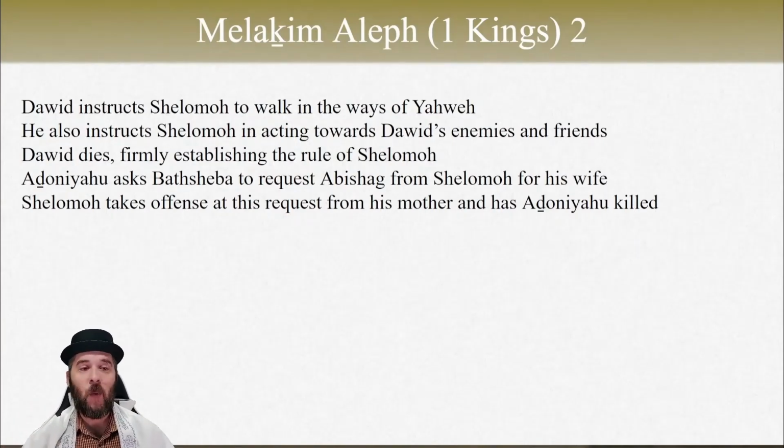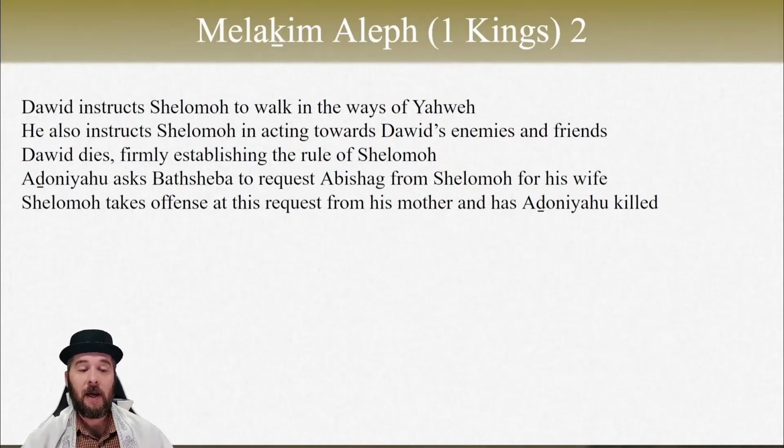Now you may ask, why was there so much offense taken for this? Abishag wasn't Shlomo's wife. It doesn't record Abishag as being the wife of Shlomo. But some commentators have insinuated that since Abishag took care of King David and kept him warm and served him, she was almost considered like a concubine of King David.